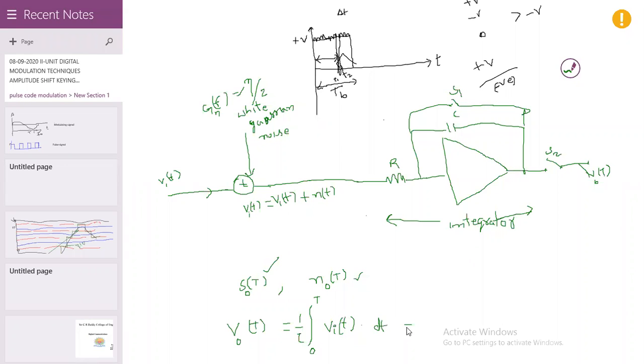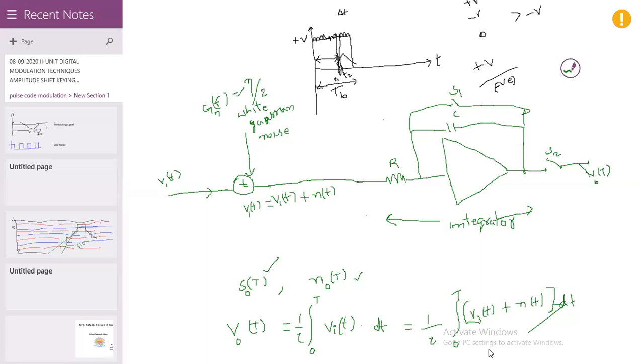So this is equal to 1 by tau, integration 0 to T. So what did we receive? Vi of t, or otherwise V1 of t plus N of t, into dt.